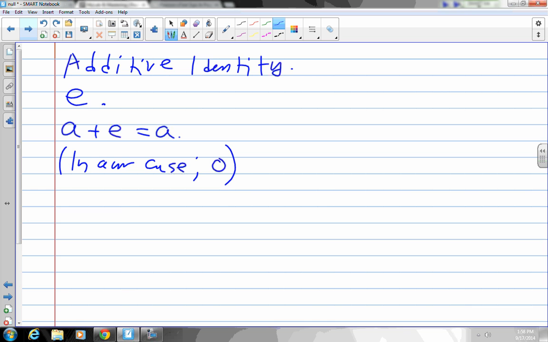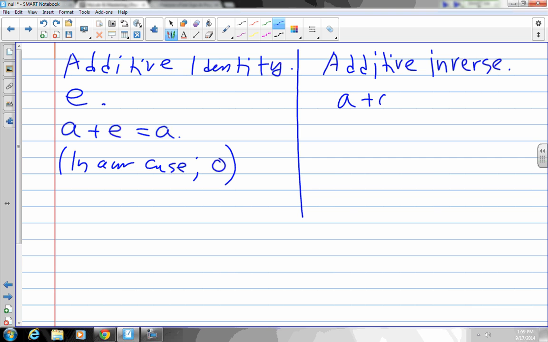So at the same time, you have additive inverse. That means if you take a number and you add its inverse to it, you're going to get that additive identity. So in our case, some number A plus what equals 0? What do you need to add to a number to get 0?